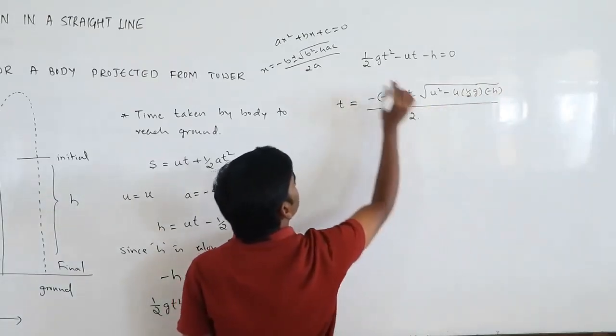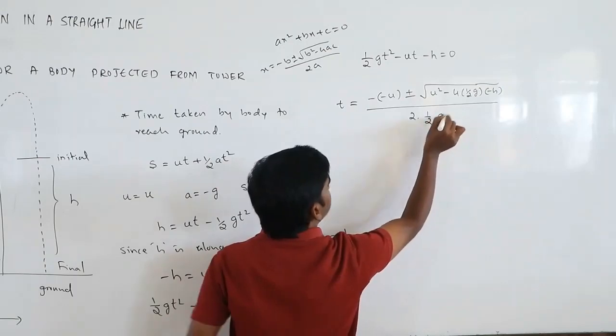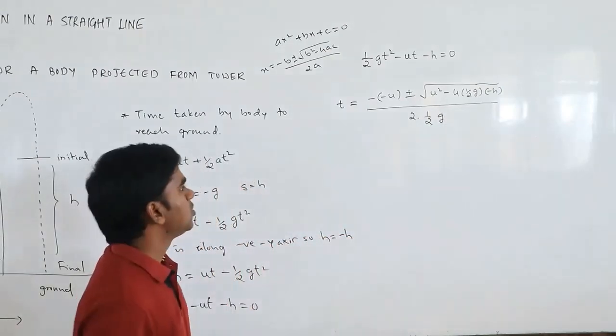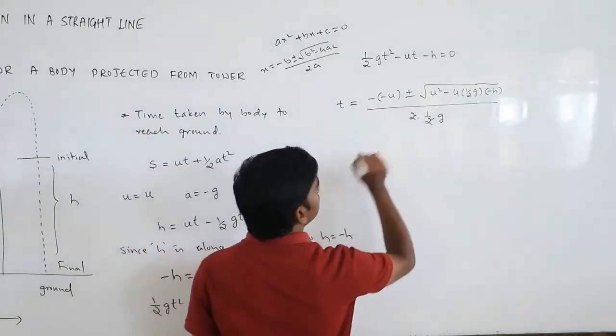2 into a is what? 2 into 1 by 2 g is g. Okay, so now this 2 will get cancelled.